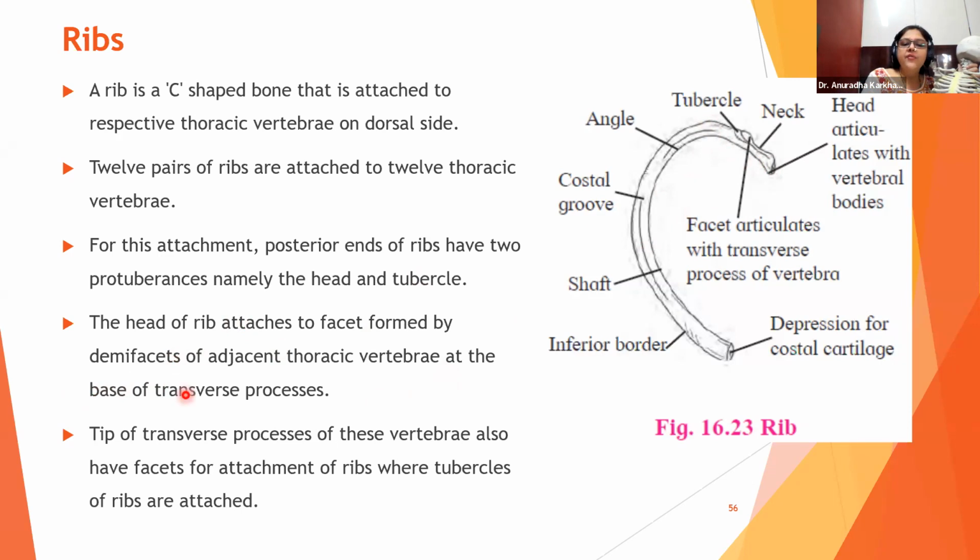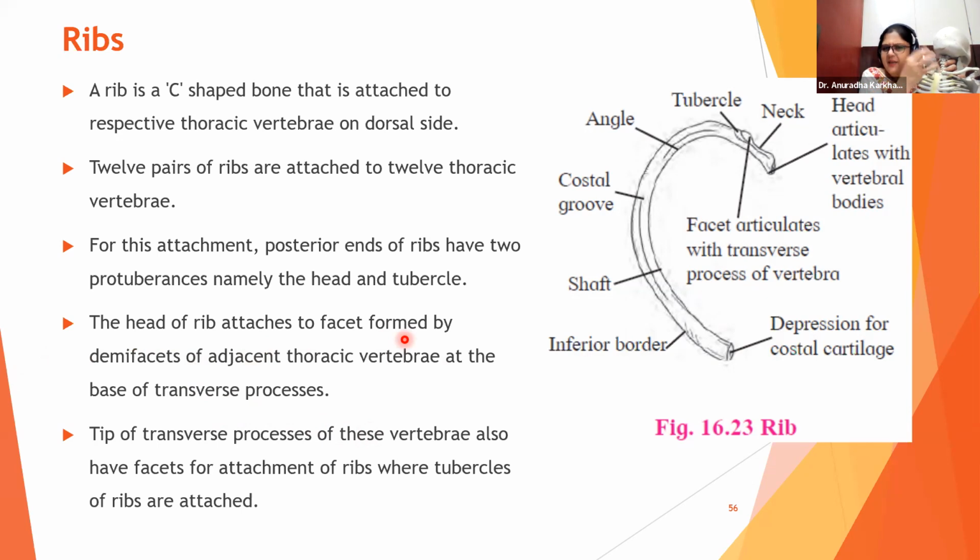So the head of the rib attaches to the facet formed by demifacets of adjacent thoracic vertebrae at the base of transverse process. So how are they going to be attached? Demifacets means further division of the facets. Okay, so the head of the rib attaches. Head of the rib comes from the back to the front. So this head of the rib at the back will be attached to the facet.